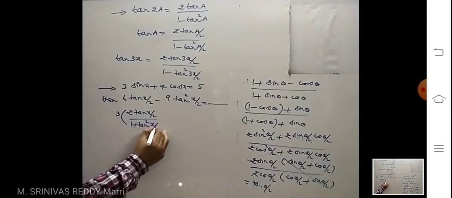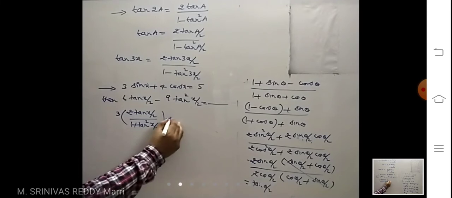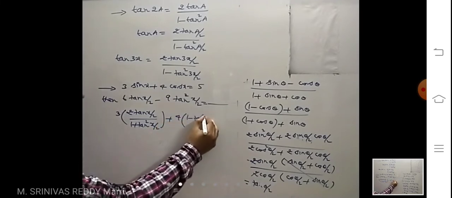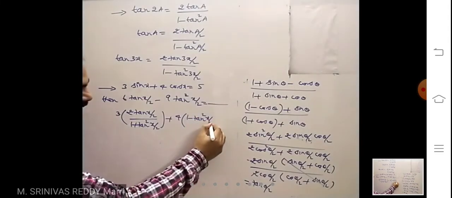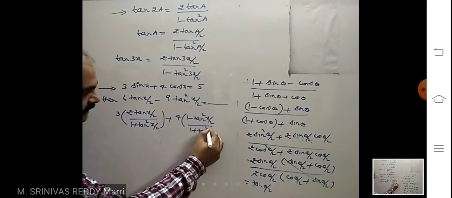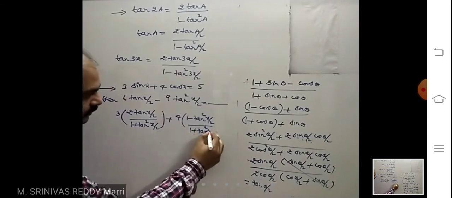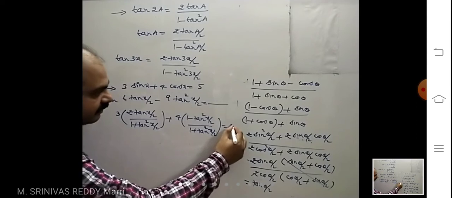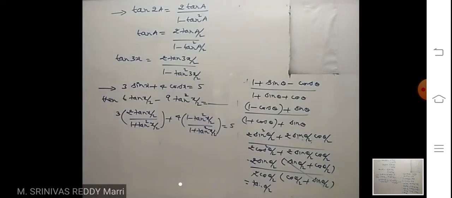So 3 into 2 tan x by 2 divided by 1 plus tan square x by 2, plus 4 into 1 minus tan square x by 2 divided by 1 plus tan square x by 2 equal to 5. Now take the LCM here.